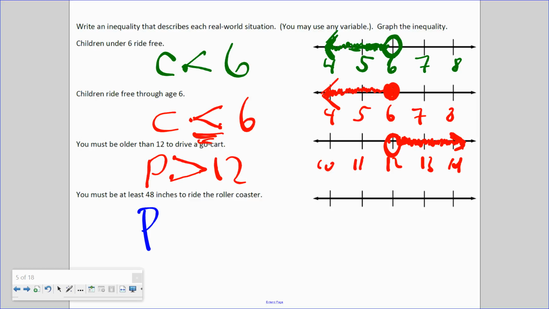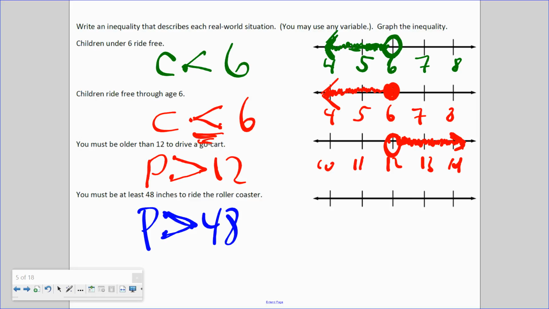So if someone is 50 inches tall, could they ride the roller coaster? Yeah, because the least you could be, the minimum, the lowest number you could be is 48. So P has to be more than 48.